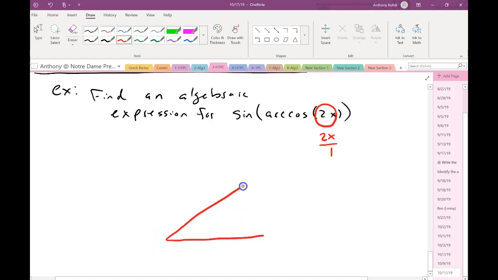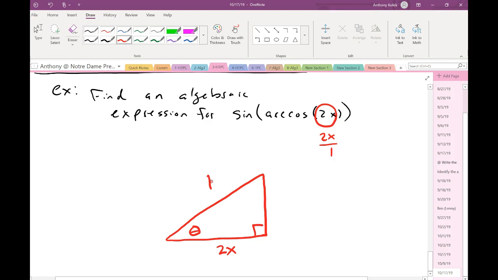So arc cosine of 2x should give me an angle whose adjacent side is 2x and whose hypotenuse is 1. Everybody okay with that idea? So the answer to arc cosine of 2x is going to be this angle theta from this specific right triangle.